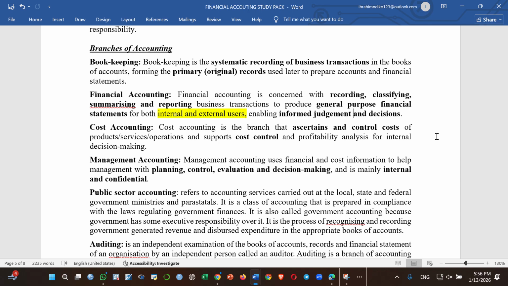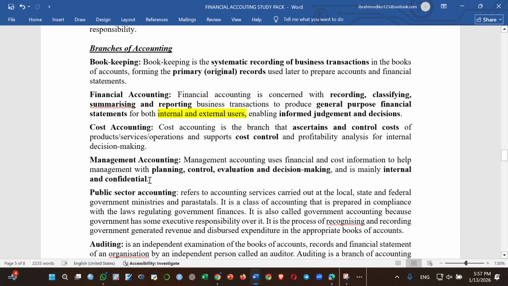So cost accounting analyzes and ascertains cost or controls cost. Then management accounting uses that information to make decisions. That is all. So management accounting uses the financial and cost information to help management in making decisions.